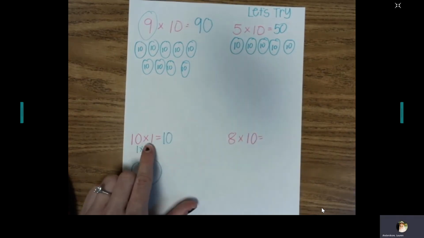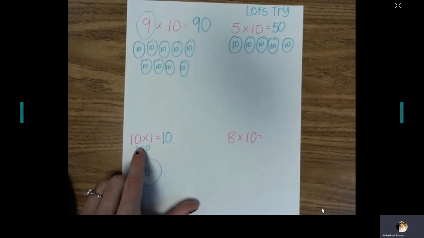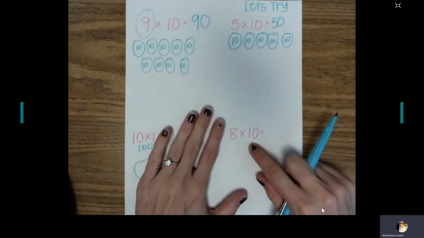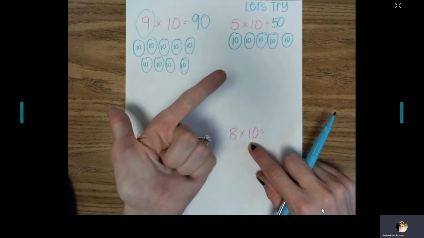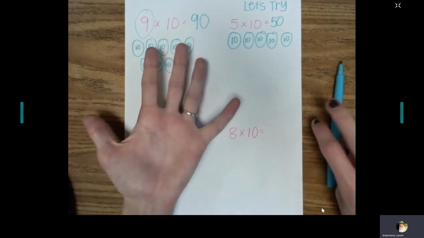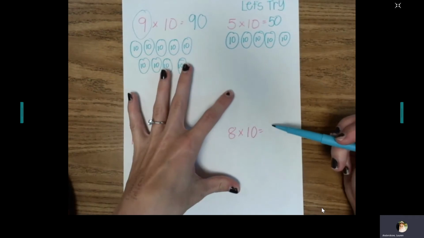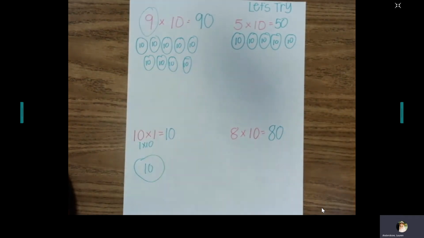So anything times 1 is always itself. You have 1 group of it, that's all you got, 10. So here I have 8 times 10, or I could skip count 10, 20, 30, 40, 50, 60, 70, 80. So 8 times 10 should be 80.